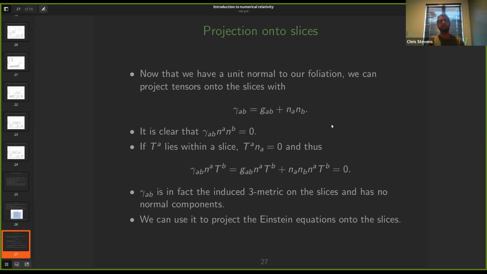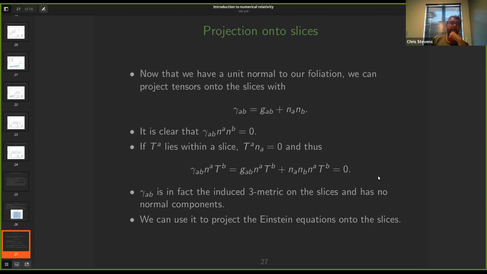We define it like this, then it's clear that this gamma has no normal component, because if we contracted it with two n's, we have here g_AB n^A n^B, which from the previous slide was minus 1. Here we have n_B, which is minus 1 times minus 1, which is plus 1, so that vanishes. Similarly, if we contracted this gamma with a spatial vector and a normal vector, so a spatial vector is one which is orthogonal to our normal vector, then we find by a similar calculation that it must also vanish.